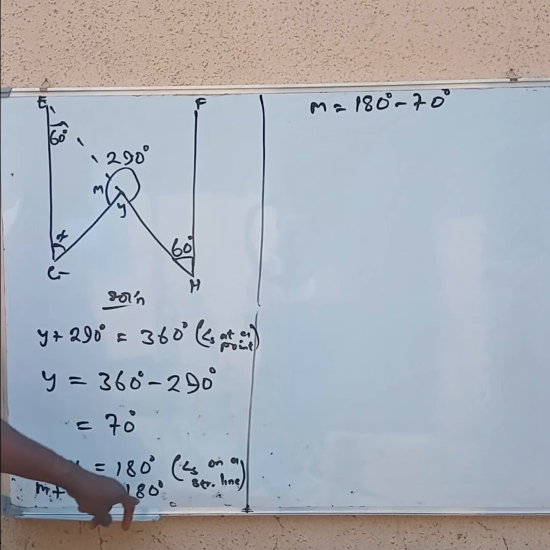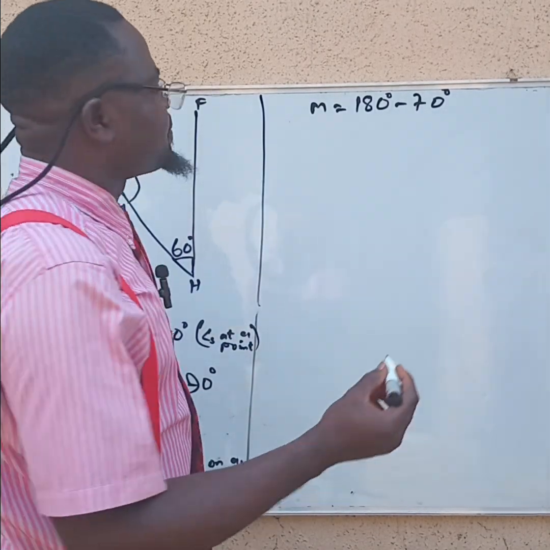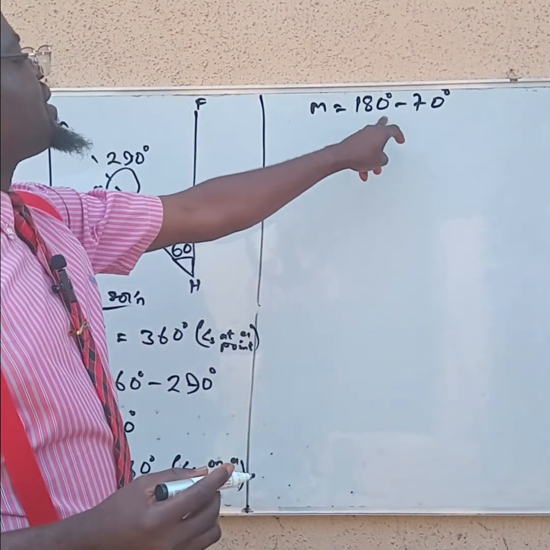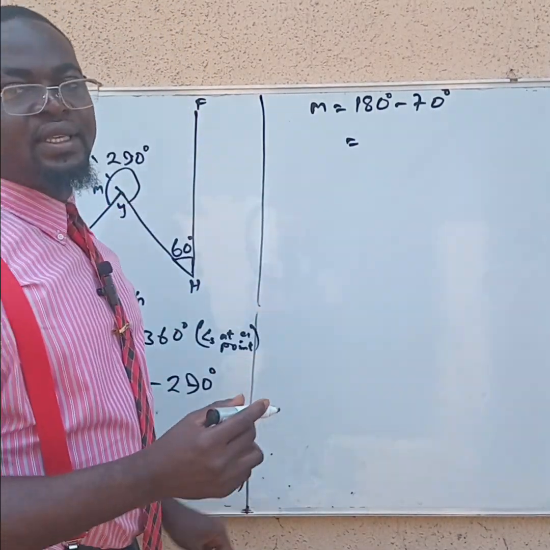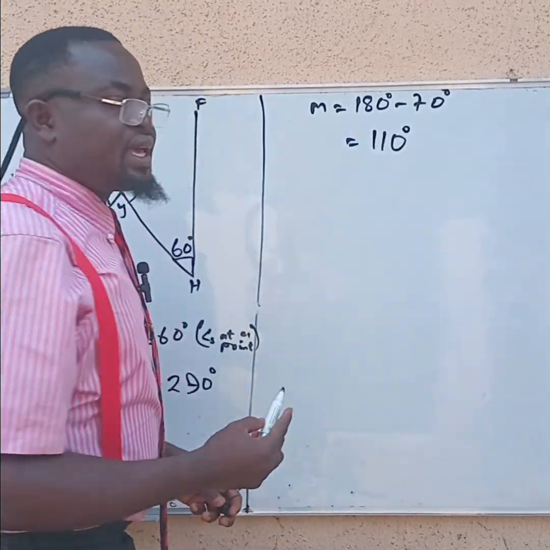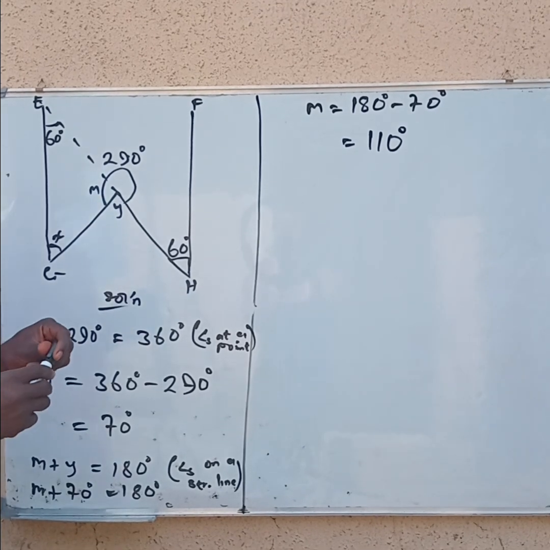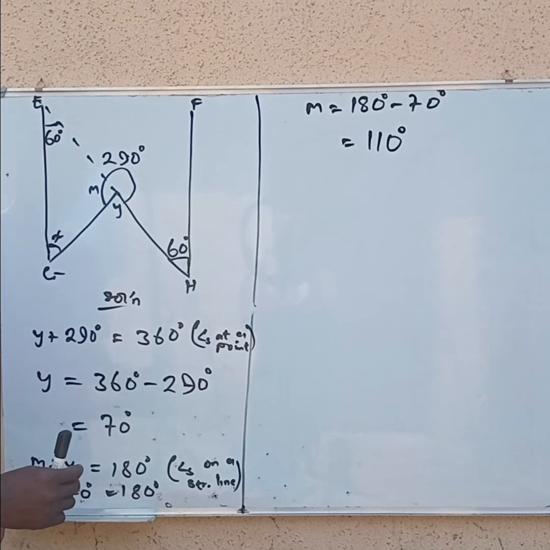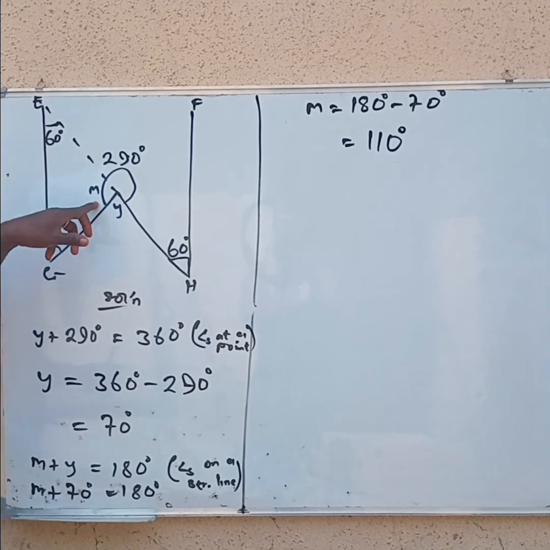It causes the sign of equality to change to minus. So if we take 70 from 180, we have 110 degrees. So it means my M is 110 degrees. Now I've known the M, 110 degrees.